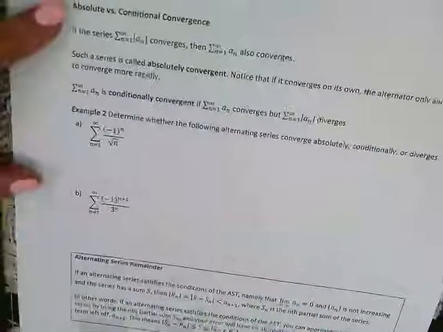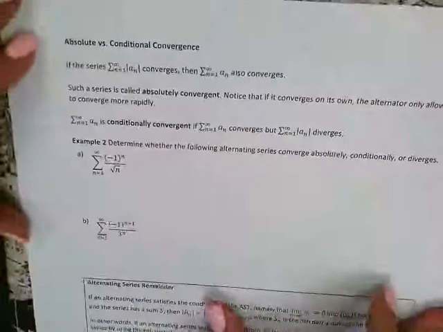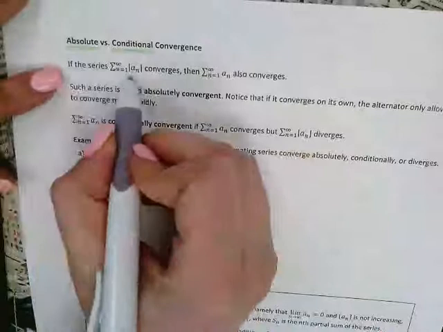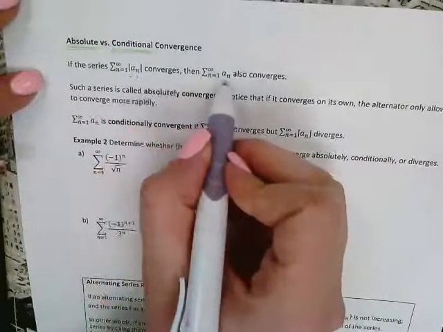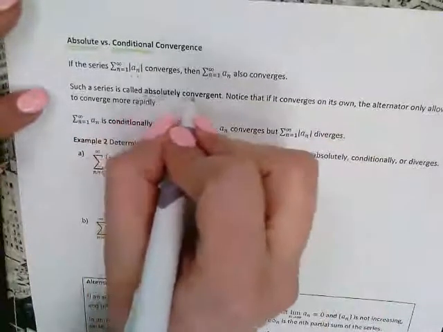Alright, now for alternating series, we have two different types of convergence. There's absolute convergence versus conditional convergence. If the series of the absolute value of a_n converges, then the series without the absolute value also converges. Such a series is called absolutely convergent.